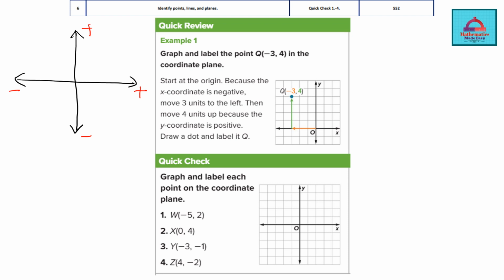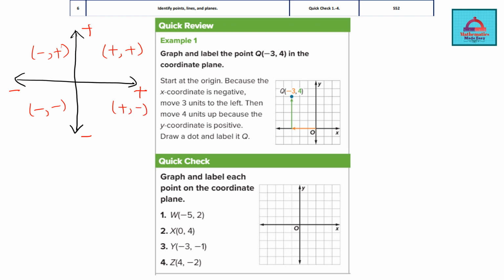So we start at the origin. Because the x-coordinate is negative, we move 3 units to the left and then move 4 units up because the y-coordinate is positive. So your point (-3, 4) is going to lie here in the second quadrant. And one more thing I will add here: the first quadrant has x positive, y positive; the second has x negative, y positive; the third has both negative; and the fourth has x positive, y negative.